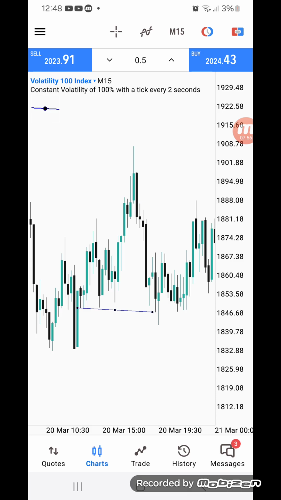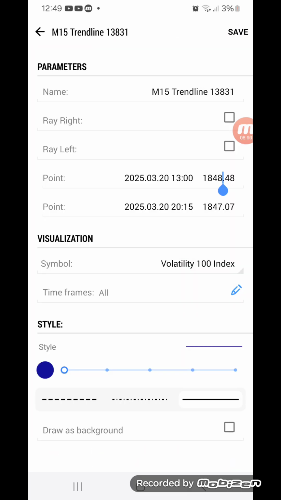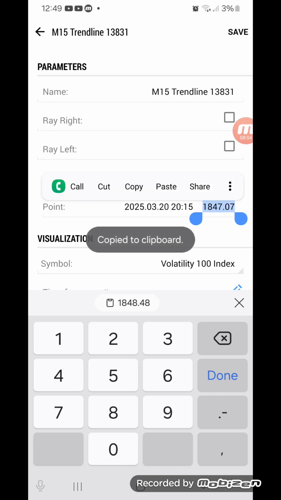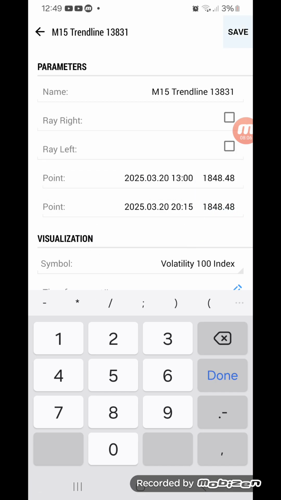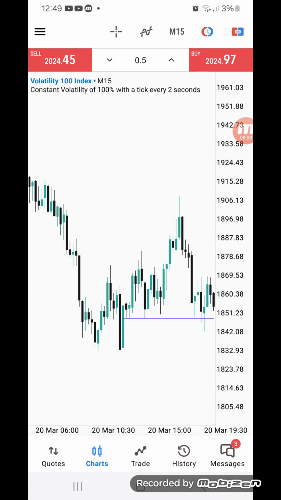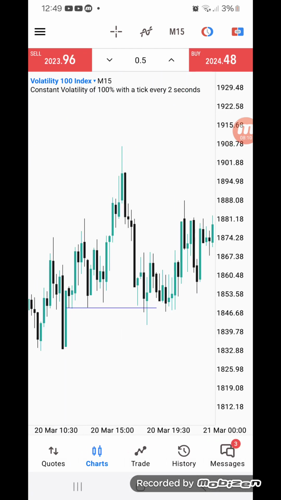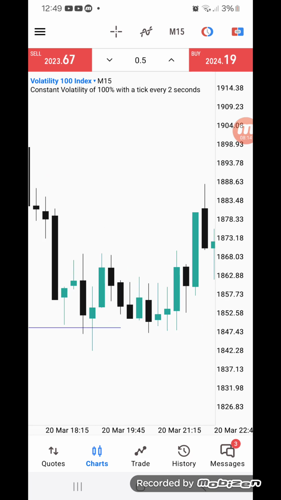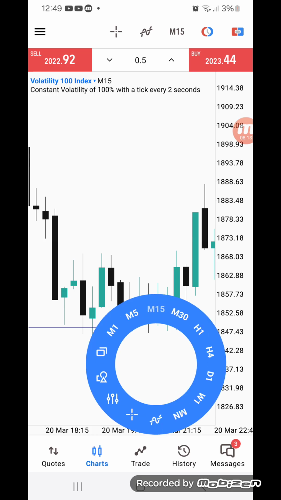After this liquidity was swept, you can see there was a liquidity that was swept there. Let's see. Nice. That was a very good point of liquidity that was swept. So where did I spot my CRT?